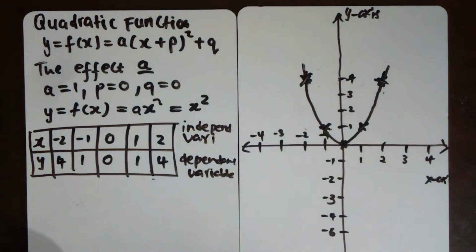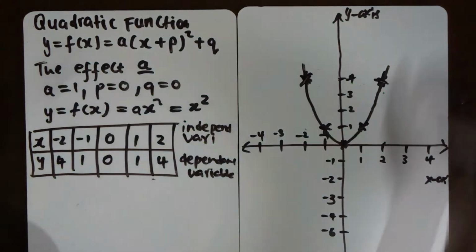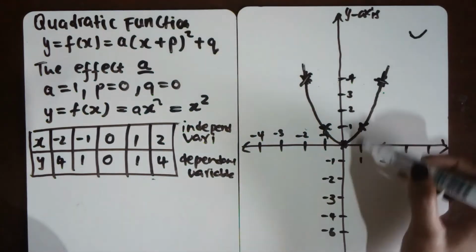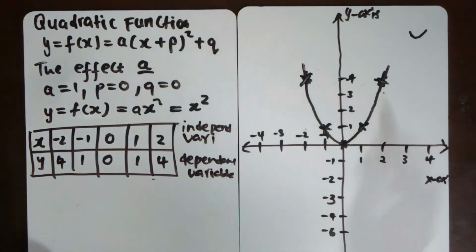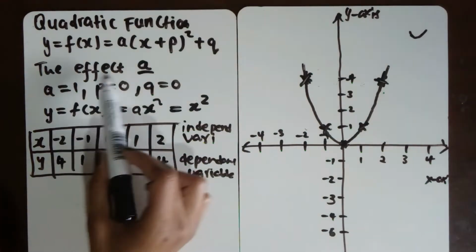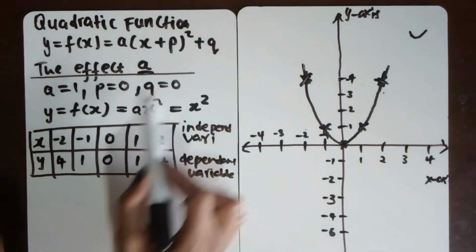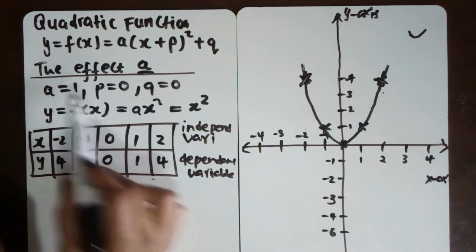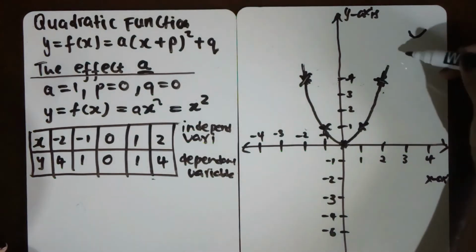It's almost like a smile, right? If you're smiling and you're happy, this is what it's going to look like, with a minimum there. Cool. So we see now, remember we are investigating the effect of a. So when a is one, or in this instance positive, our graph is actually facing up.